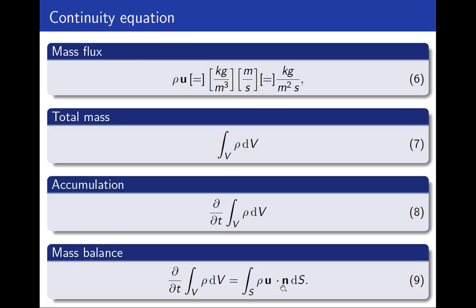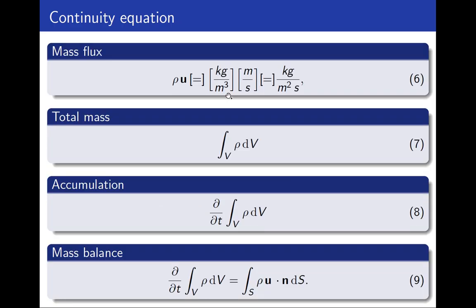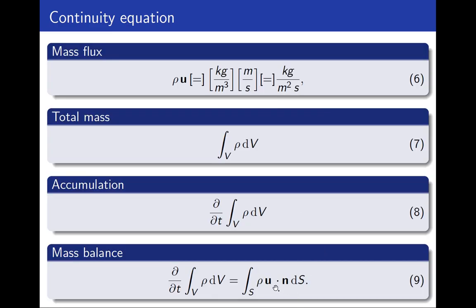It tells us that the mass of fluid that enters the volume control has to be equal to the mass that exits the volume control. How do we know if the fluid is entering or leaving? That information will be obtained from the unit normal vector. You will see an example of this in a second.